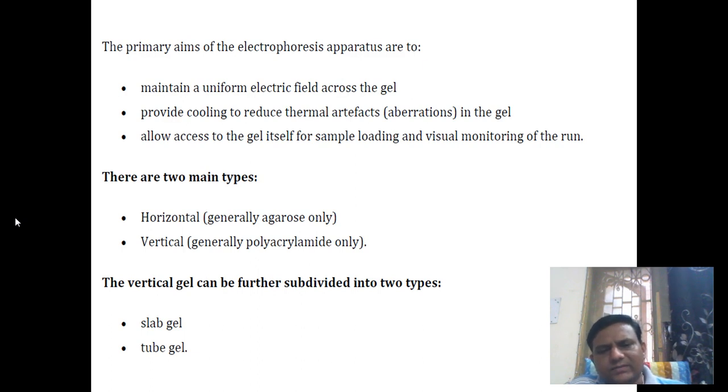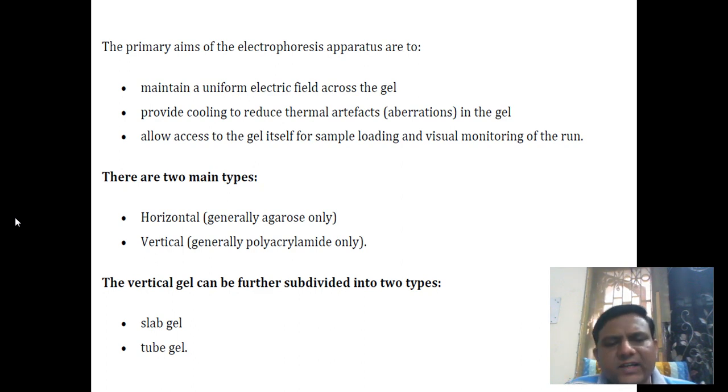Dear students, we perform polyacrylamide gel electrophoresis in our laboratory. At that time we prepare the gel in between two glass plates. And if you perform the electrophoresis in which your gel is present in between two glass plates, such type of gel electrophoresis is known as slab gel electrophoresis, and the example is polyacrylamide gel electrophoresis.